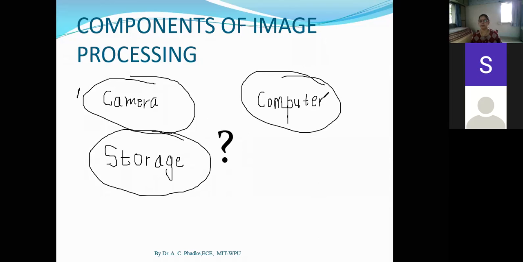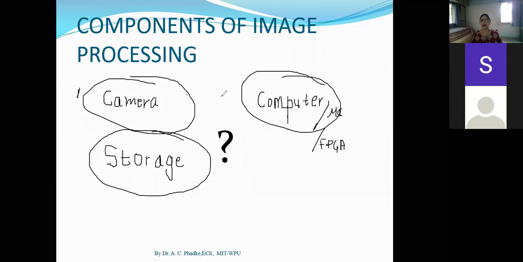It is either a computer or you can use a microcontroller, or some other hardware like FPGA or SoC. So you need some platform or hardware with some software capability to process your data which was acquired by the image acquisition system. So these three are the main components of your image processing system.